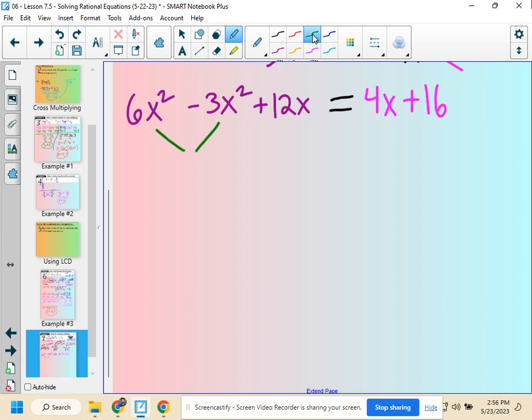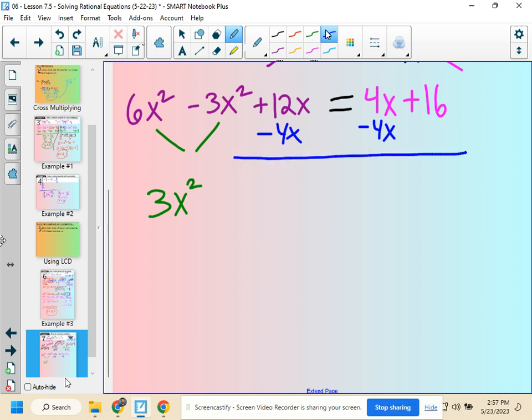So sorry about that. 6x squared minus 3x squared, that's a 3x squared. Okay. Now what can we do? I'm going to subtract a 4x from this 12x to get 8x right here. And then the 16, as long as I'm not losing it here, we don't have anything to bring over or combine with it. So on the left side, that's where we end up.